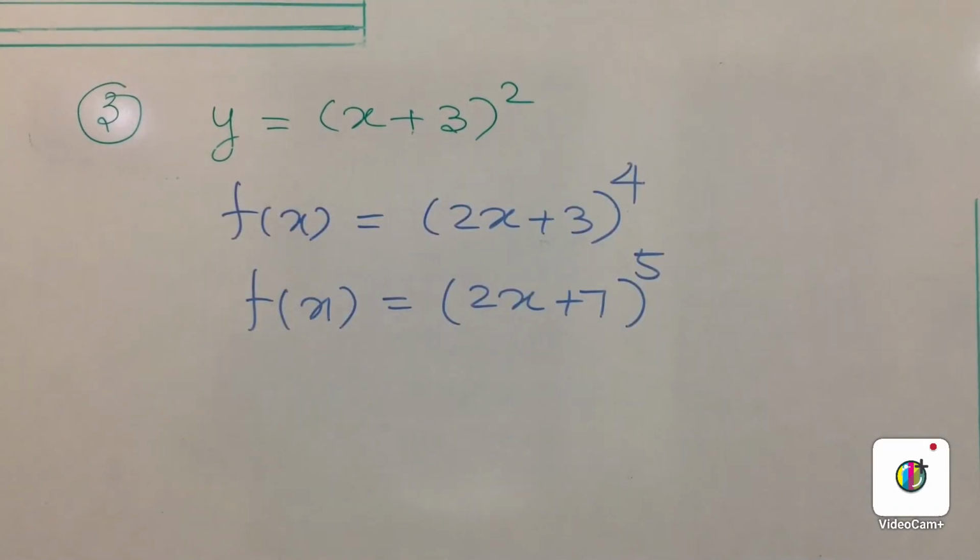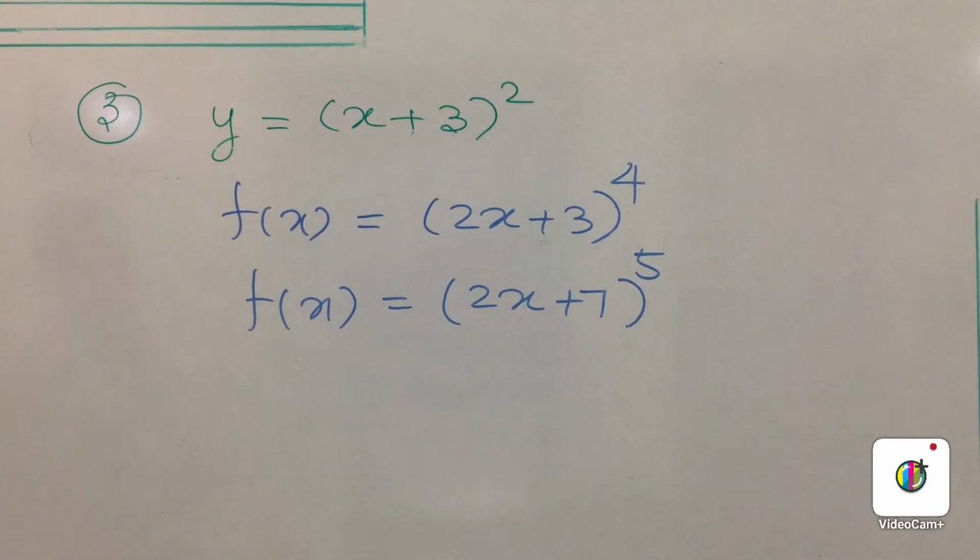Students, look here. With the third question, we did y = (x + 3) squared. Sometimes you can meet a question like (2x + 3) to the power of 4 or 5, or (2x + 7) to the power of 5. Sometimes you can meet questions with more power, and there is no need to expand.